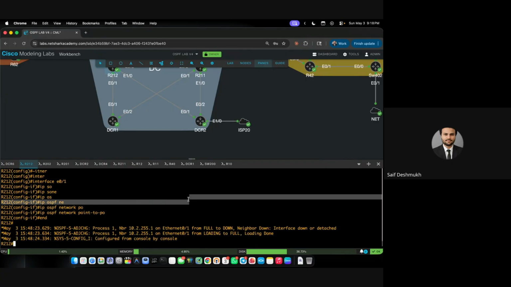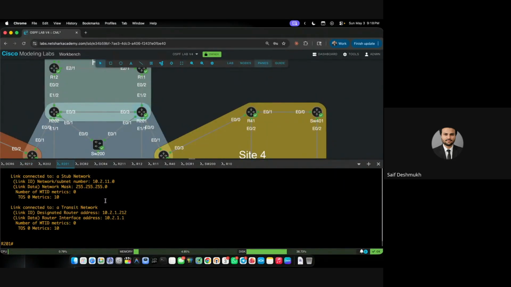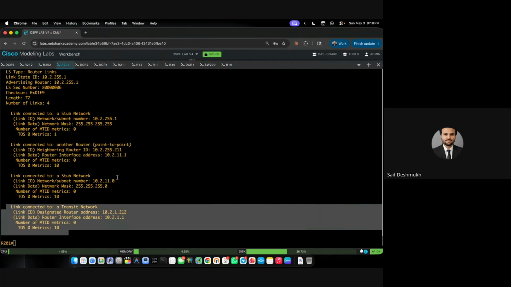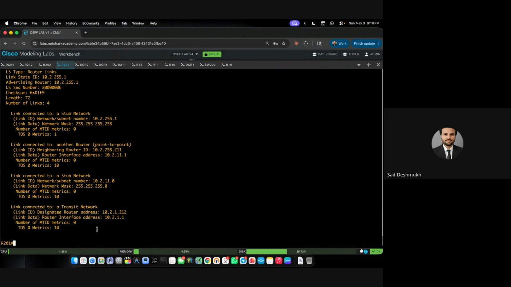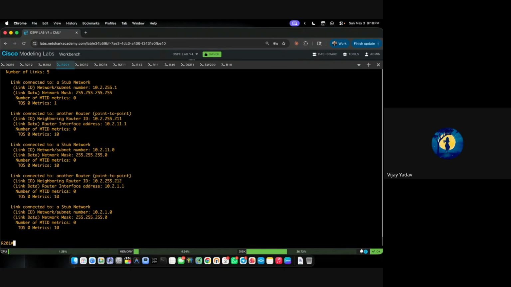Cool. So let's go back to this guy again, 201, and let's see what he thinks. Now we were seeing this as a transit network. It will count two links for the same thing. Now it became 5. No, it should become 6.